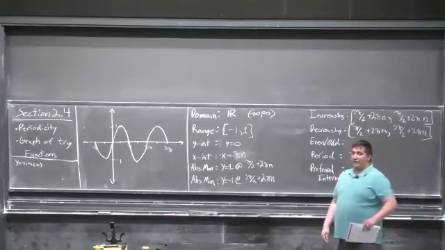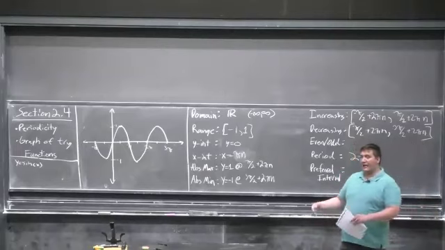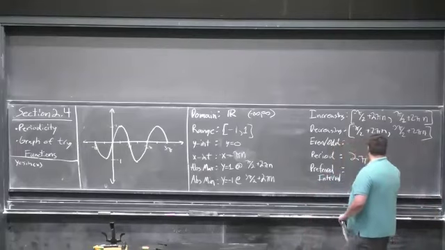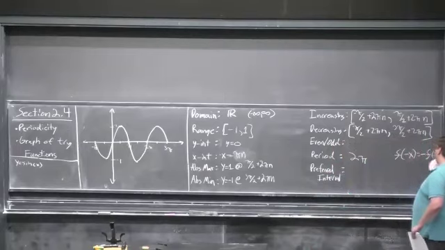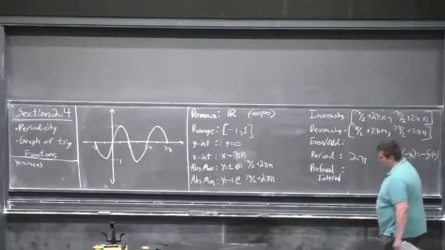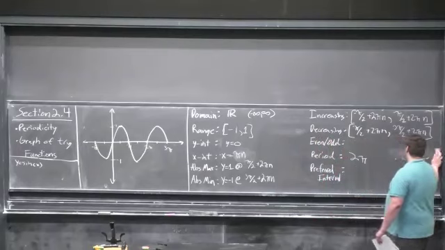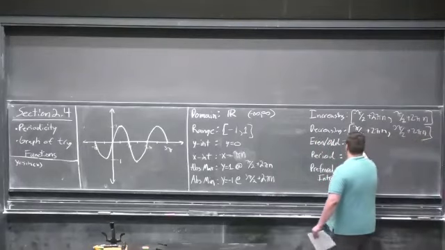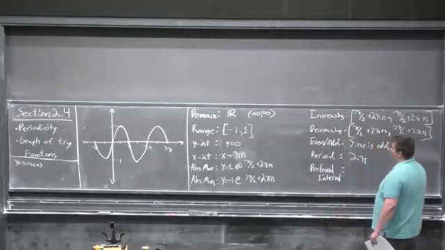Alternatively, if we have a function and we plug in negative x, if we get negative f of x, so if we have f of negative x equaling negative f of x, that is an odd function. And we have that with sine, as sine of negative x is equal to negative sine x. So yes, sine is odd.